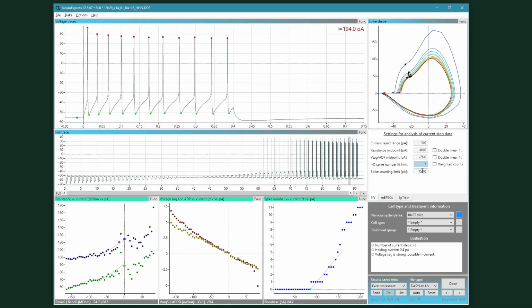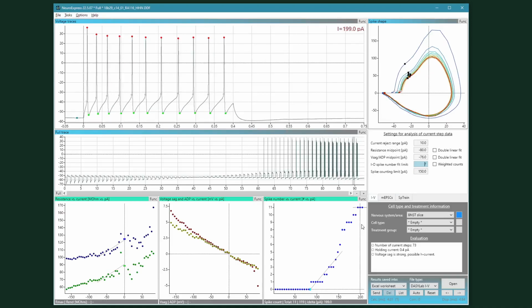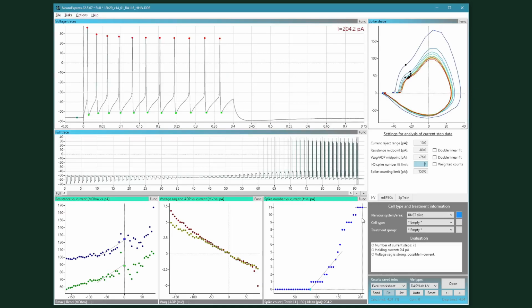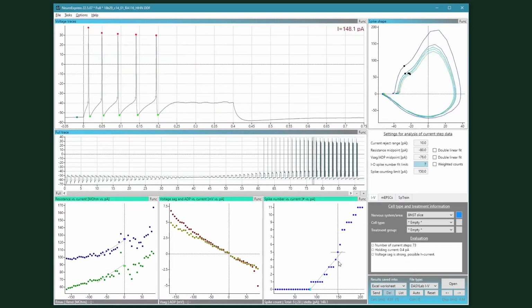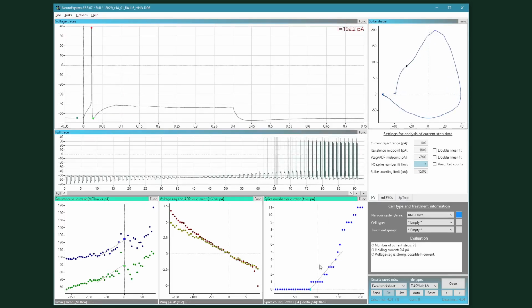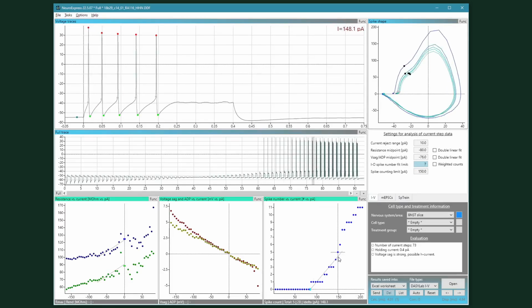The last parameter here is spike counting limit. This is a parameter that describes the maximum current up to which level you would like to accumulate or sum up all the action potentials.